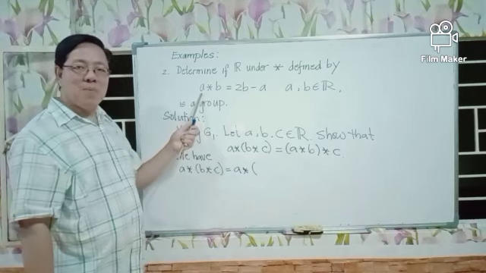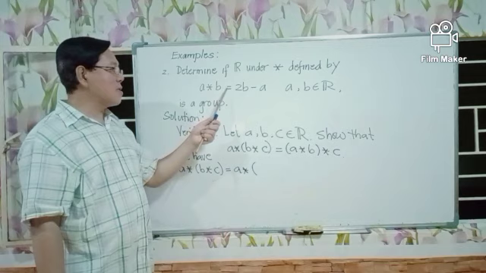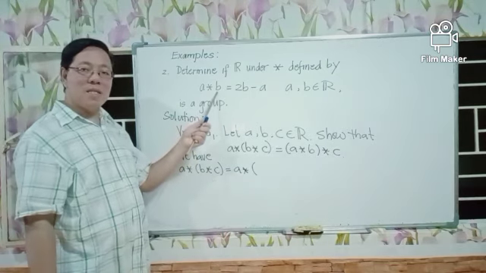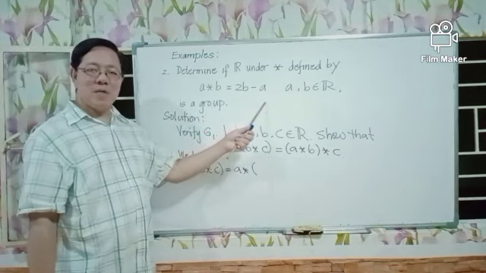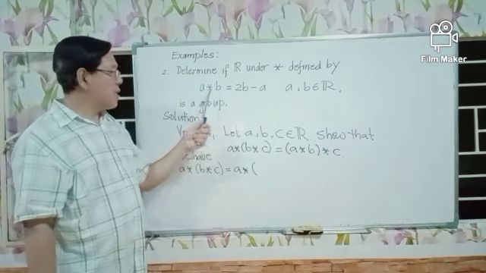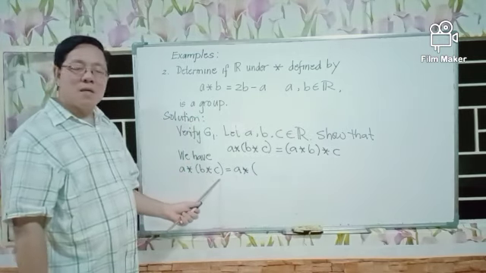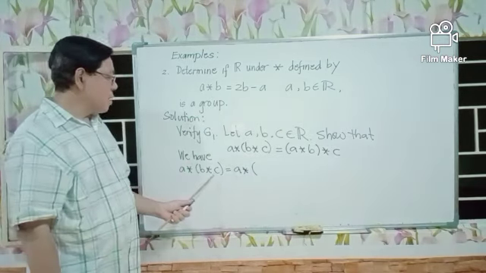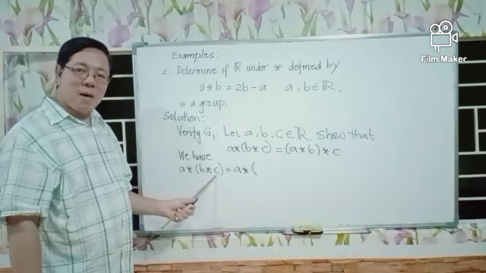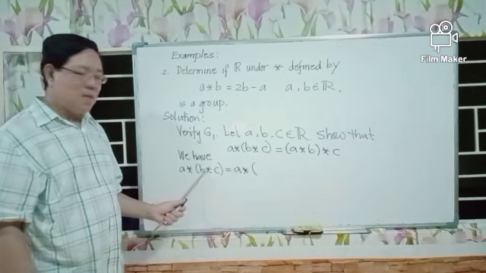That means if you combine a and b by the binary operation star, the result is twice the second real number minus the first real number. And this binary operation star applied to b star c will give us twice the second real number, 2c, minus the first real number b.